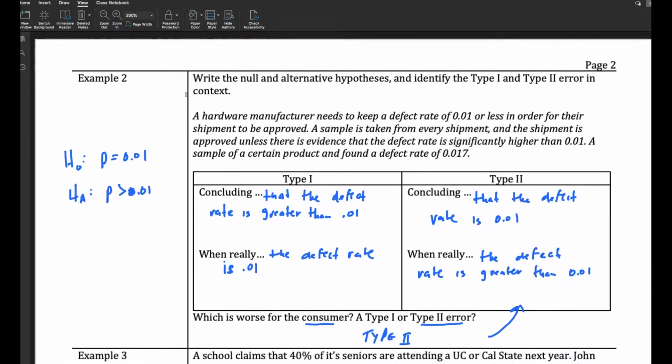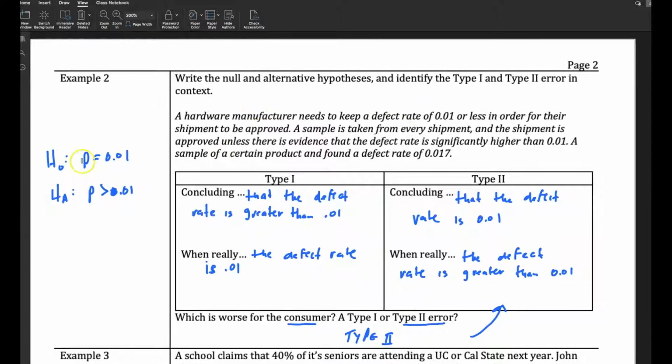Here's another example. The null hypothesis is that there's a defect rate of 1%, and we're trying to see, is there evidence that the defect rate is higher than 1%? And so that's where we get the alternative.